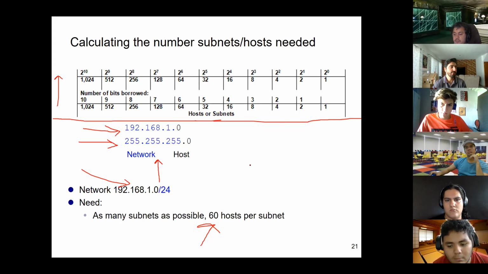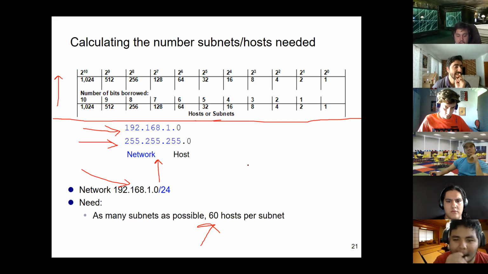And how many subnets are you going to have in that setup? Well, I was making a little calculation and apparently there are like 26 bits of mask. No, this is all the range that you have.